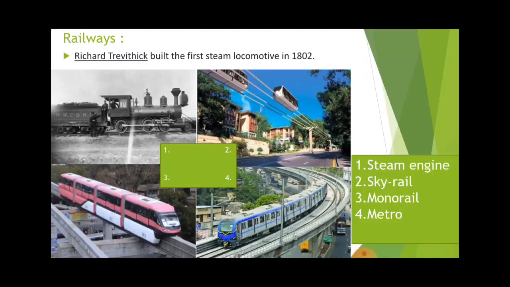It was advanced in the form of the advanced train, but it was first invented by Richard Trevithick. Now you can see the steam engine in the picture, and the steam engine has been converted into other engines in other trains, like the sky rail, the monorail, or the metros.